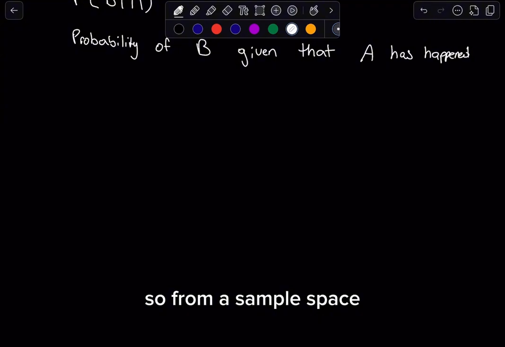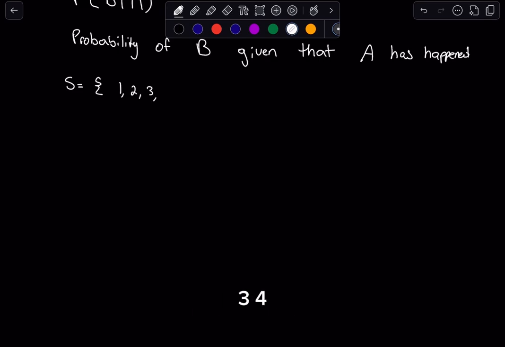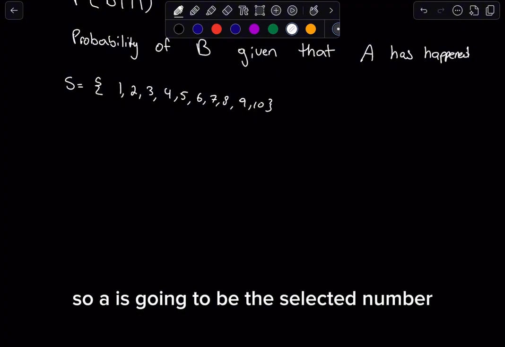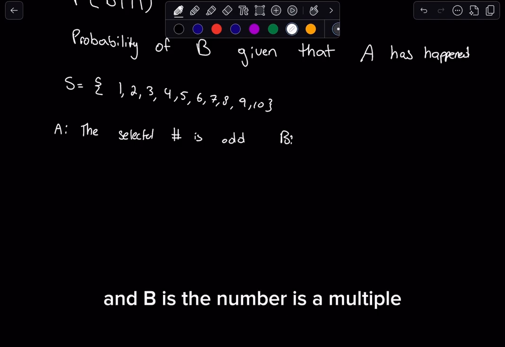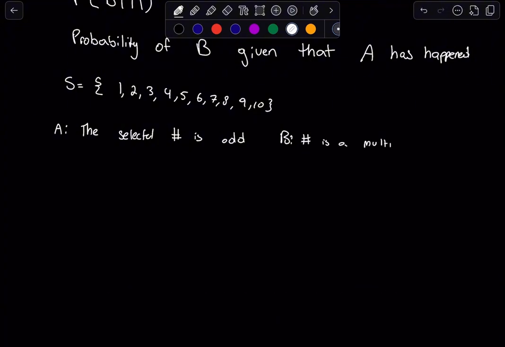So from a sample space, S is equal to 1, 2, 3, 4, 5, 6, 7, 8, 9, 10, we're going to be given some questions. So A is going to be the selected number is odd, and B is the number is a multiple of 3.